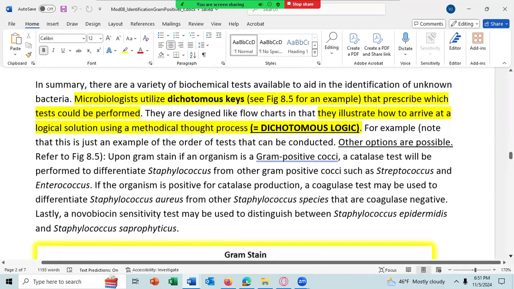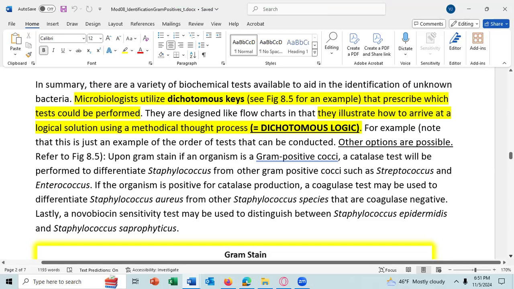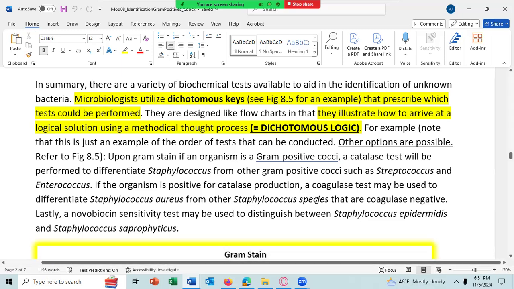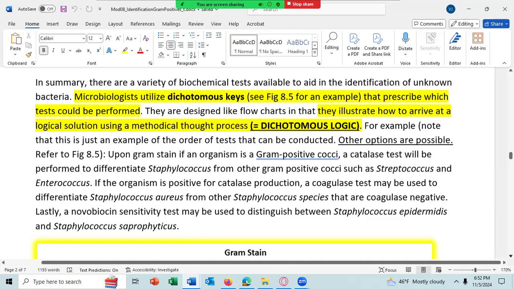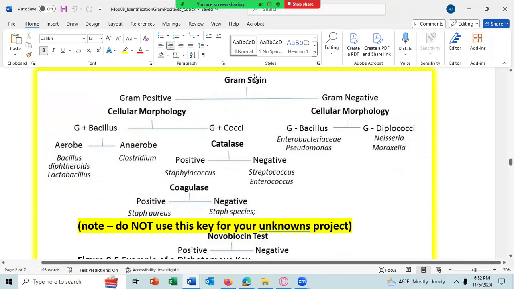All right. Microbiologists use a dichotomous key that prescribes which tests could be performed, and then they illustrate how to arrive at a logical solution using dichotomous logic. In this case, we have the gram stain in all bacteria, and we have gram positive and gram negative.